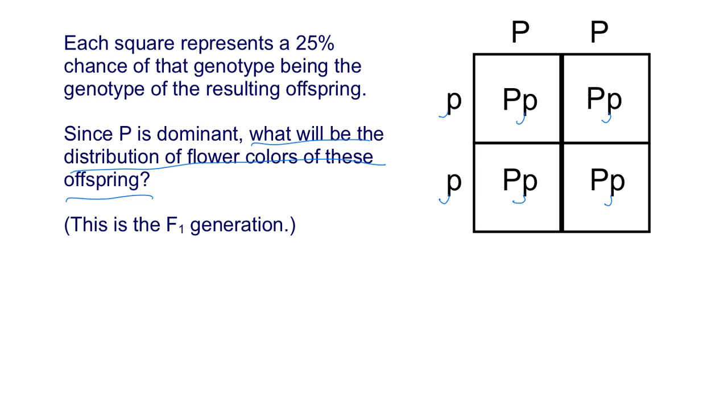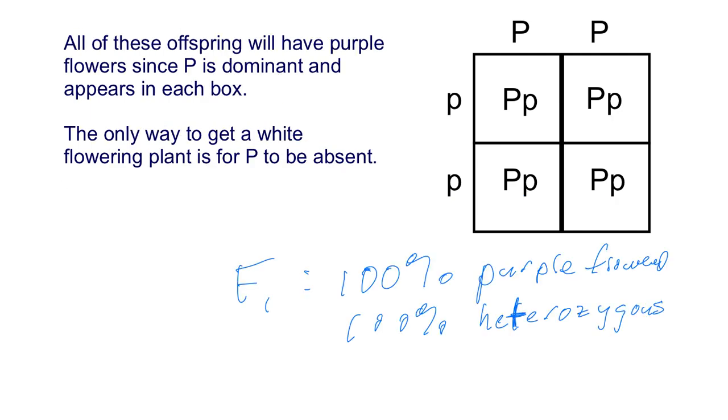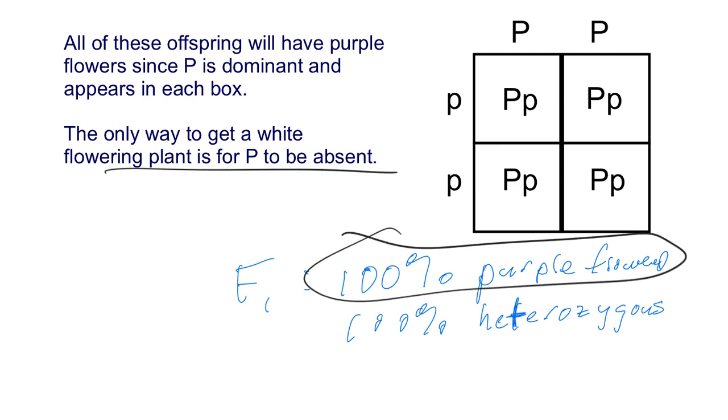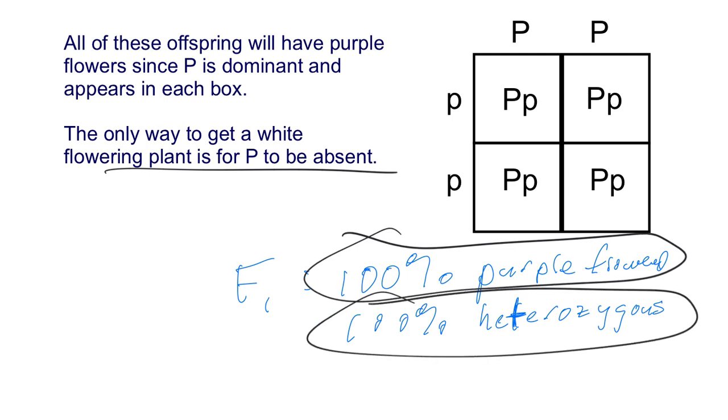What will be the distribution of flower colors of these? 100% purple, because big P is dominant to the little p allele. The only way you can have white flowers is to not have the big P there. So I'm giving you here the phenotypic ratios, and right here the genotypic ratios, 100% are heterozygous.